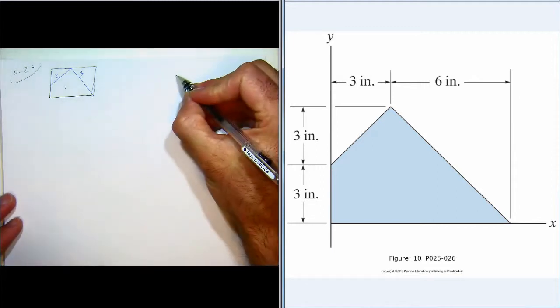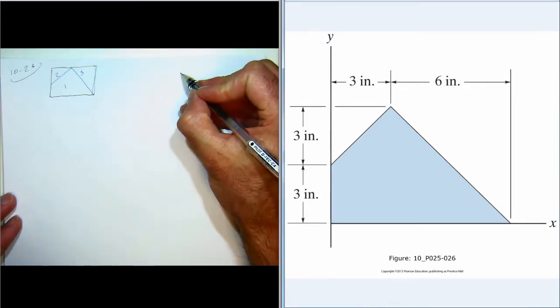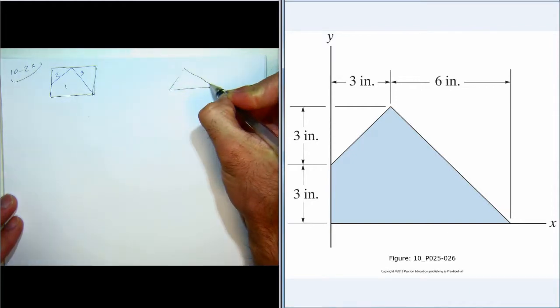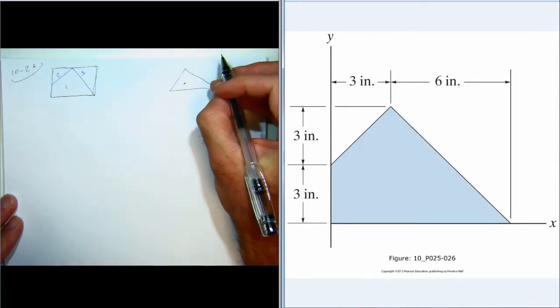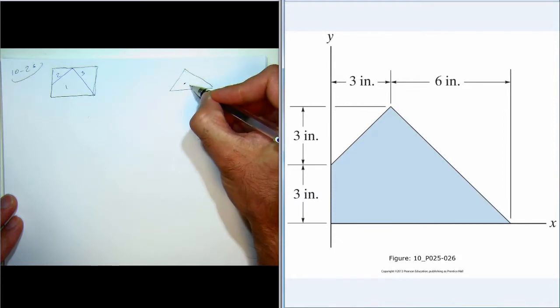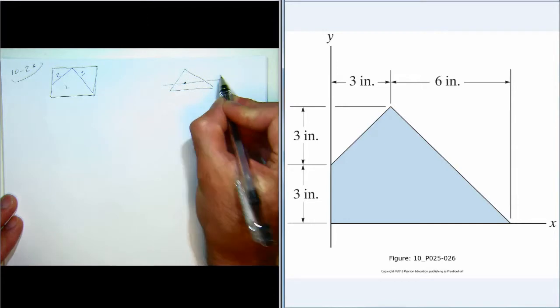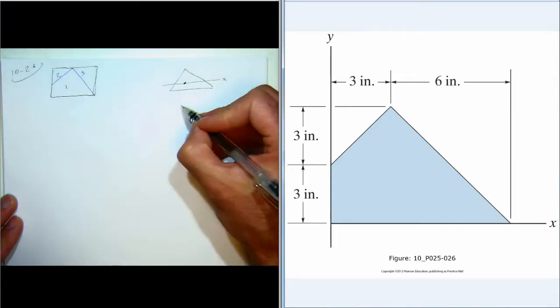So for a triangle we have this information that's on the inside of the back cover of the book. So here's just a sketch of the centroid C and an x-axis.